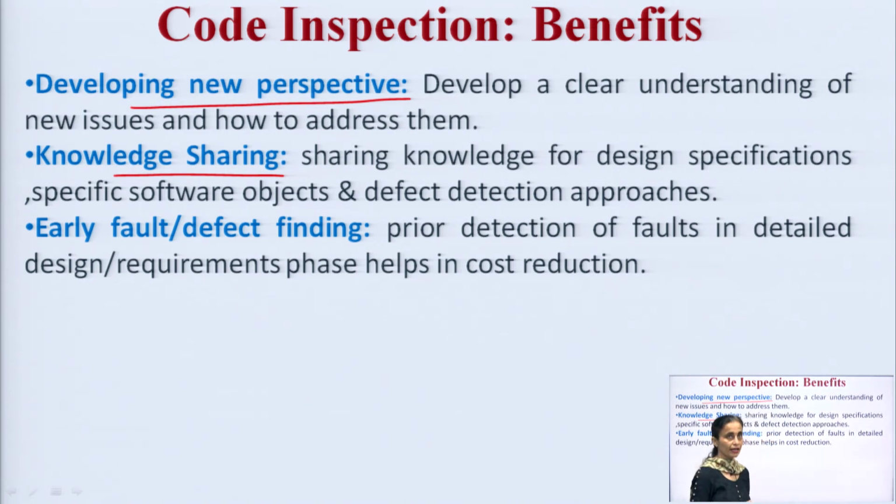Then the third is early fault finding, that is, prior detection of faults is possible during the design and requirement phase only, which further reduces the cost of our software, because these faults are not carried through to the testing phase; they are detected early. So, that is the benefit again.